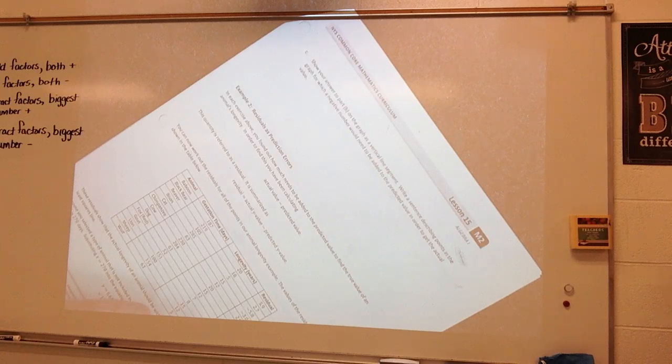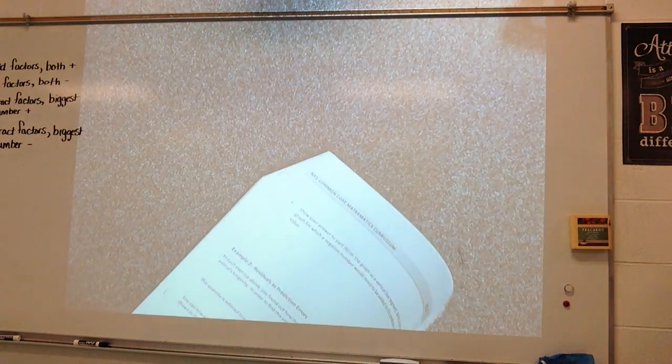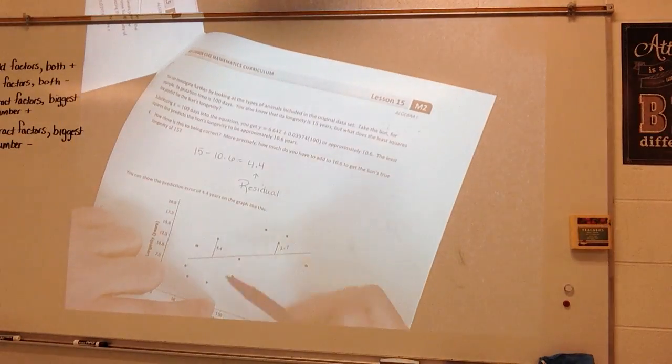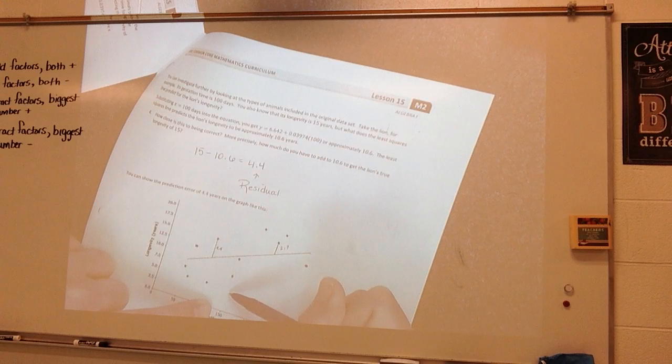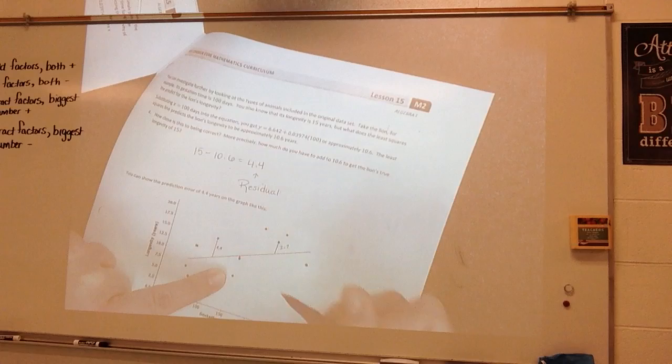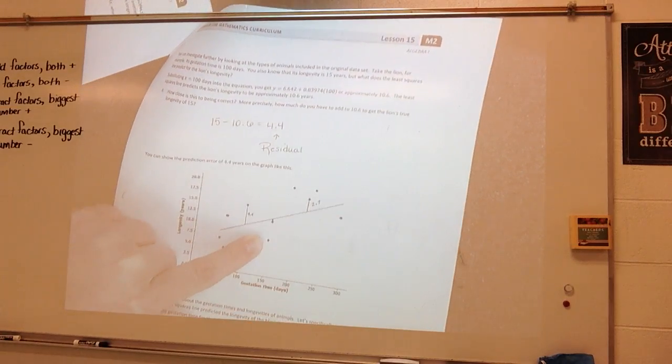Write a sentence describing points in the graph in which negative numbers would need to be added to the predicted value. Well, let's go back to our graph. And our sheep's gestation was 154. So this is where we're going to draw it.